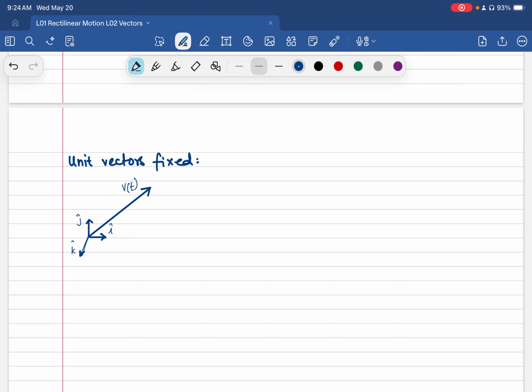So there are components, and I'm going to draw those components now. So this here is v along j hat, right? So this here would be vy of t, and then there's a component here. I'm trying to draw it as parallel as possible.